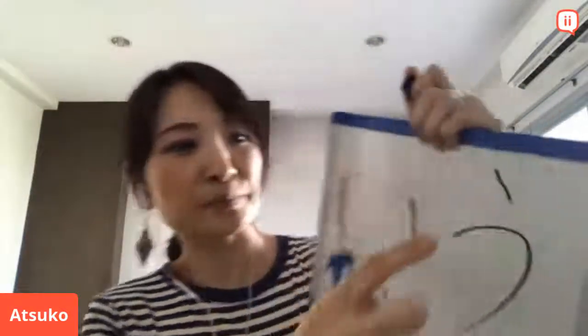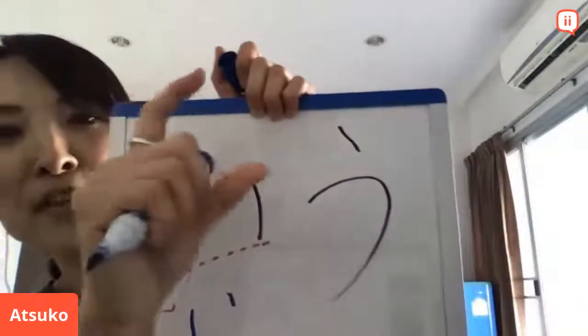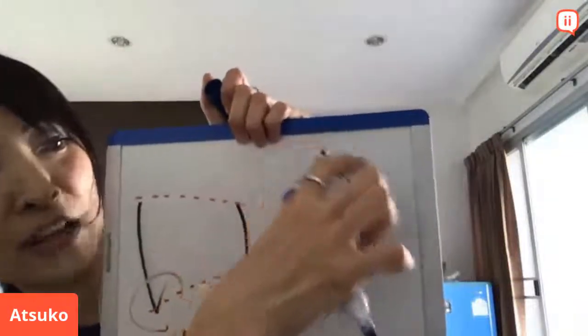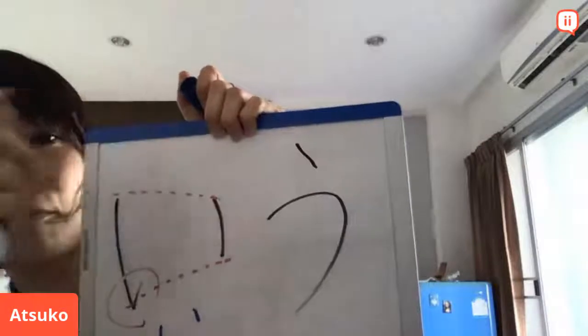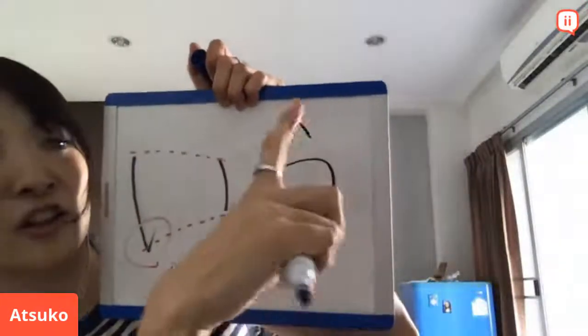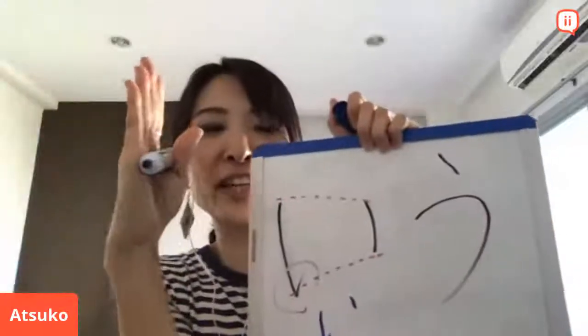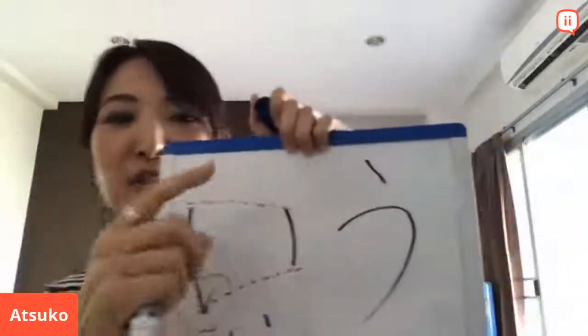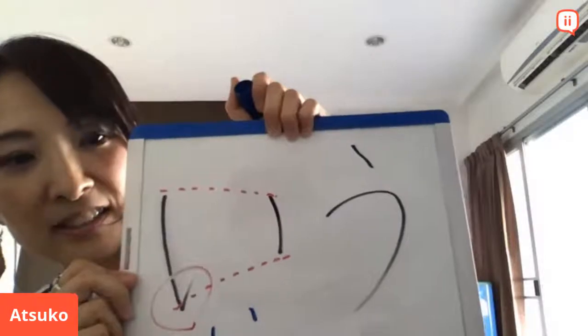Then next, U. The first stroke is very short and goes down to the right. Okay, very short. And the lower part is long. U is a very slim hiragana. E is wide, U is slim. Okay. And I'll show you a bad example too. It looks similar.